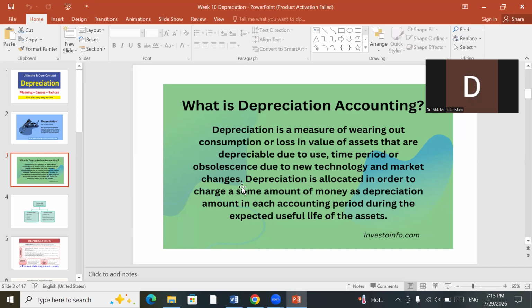Out of them, some basic or common components of depreciation: time expiry. As time goes on, depreciation runs. Due to technology change, market price fall, obsolescence. These are the causes of depreciation. Obsolescence means old model and new model. Old models are not popular.